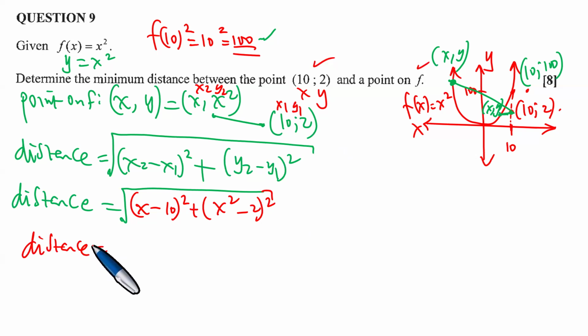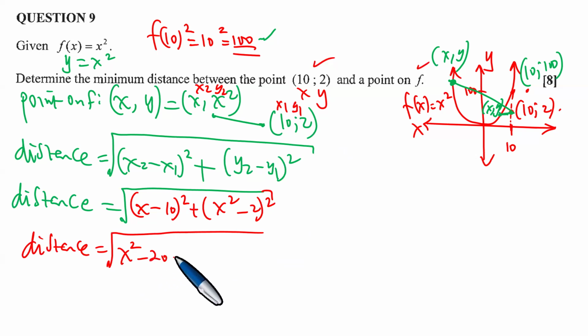So the distance at this point will be given by the following. x minus 10 squared: you square x, then you multiply x times minus 10, which is minus 10x, times 2, minus 20x, plus 100. Plus you square this one, x squared minus 2, which is x to the 4th power minus 4x squared plus 4.